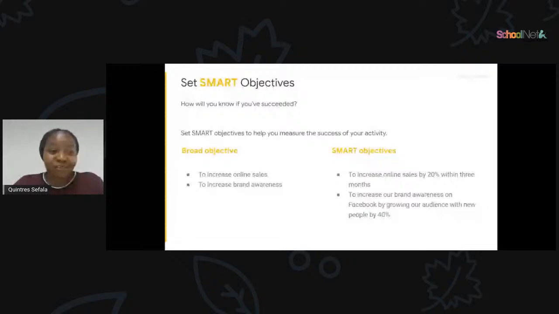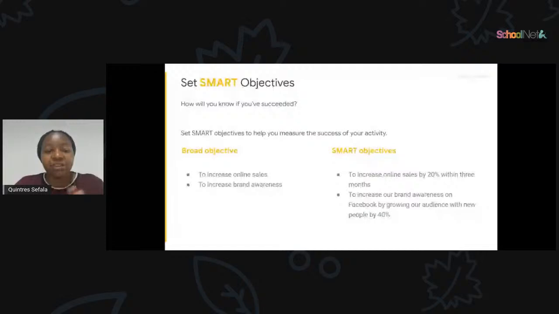When I got cut off, we were basically turning our objectives into smart objectives. I was explaining the difference between a broad objective and a smart objective.